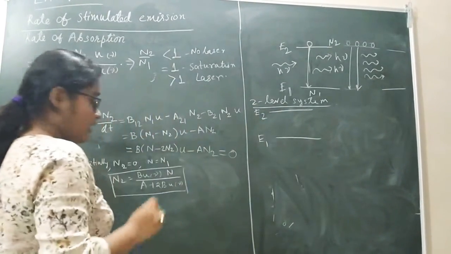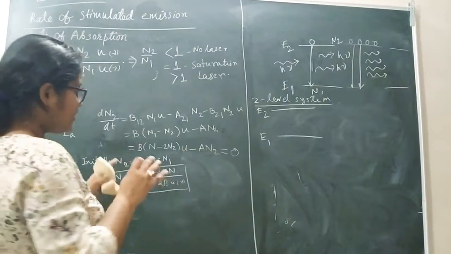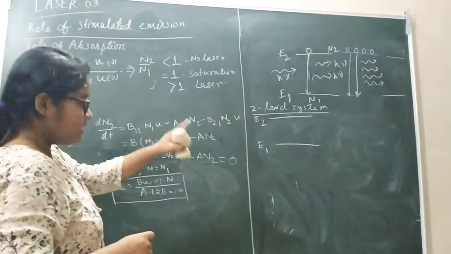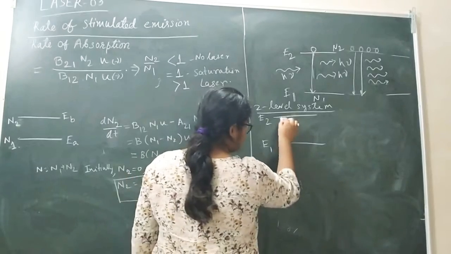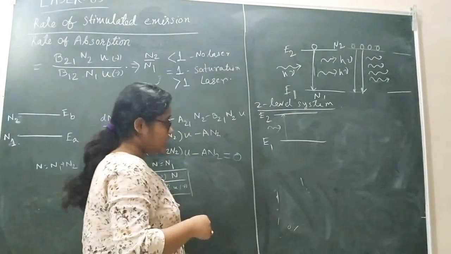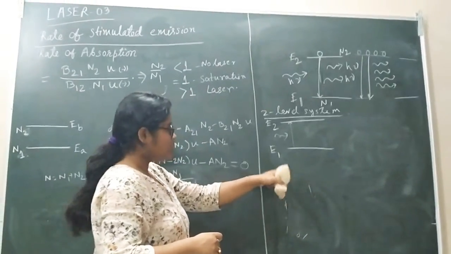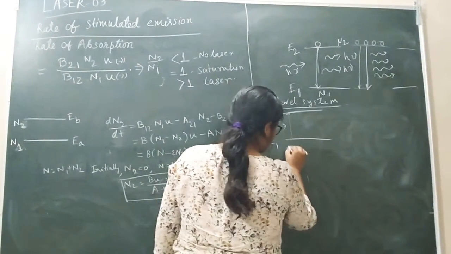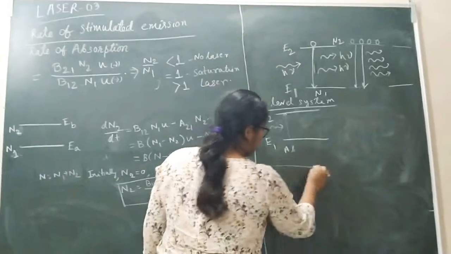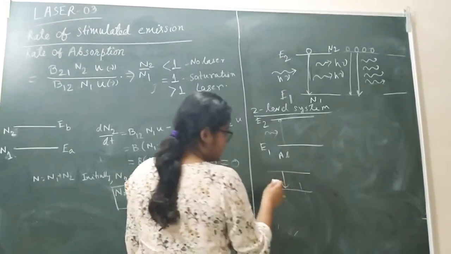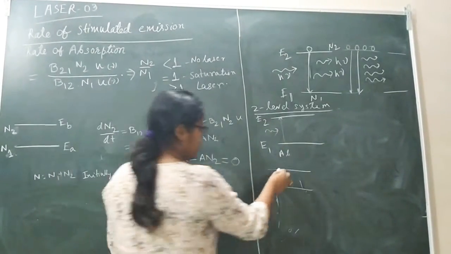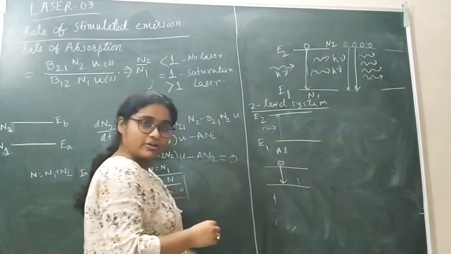Now, Einstein A B coefficients. Last time I told you that there will be absorption due to incident radiation on an active medium. This is the absorption process. There can be spontaneous emission, because whenever an atom goes to a higher state, it cannot stay there for infinite time.